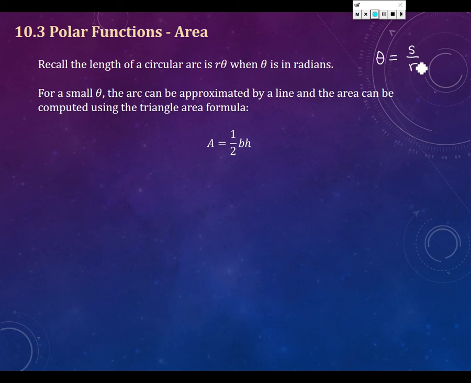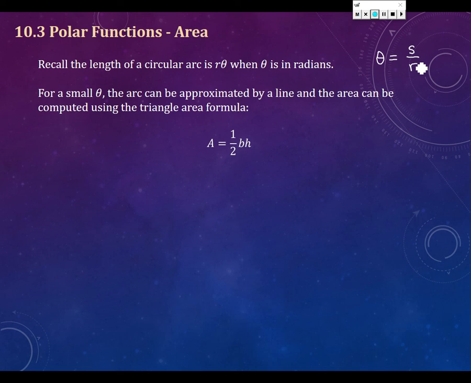That's what we meant all the time by an angle, right? The ratio of the arc length to the radius.